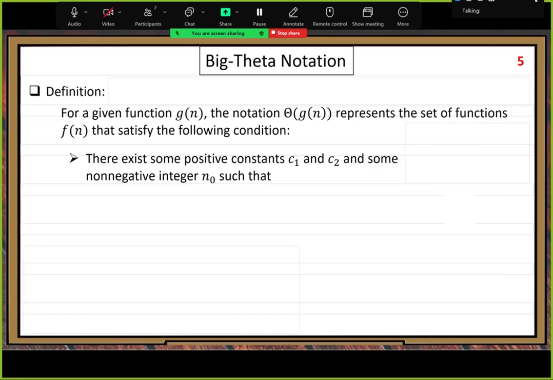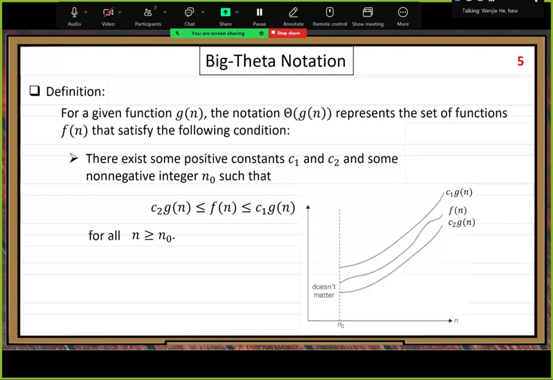But after you find an appropriate n0, you should fix it. Do not change it when the n value changes. So you get this inequality: c2 g of n less than or equal to f of n less than or equal to c1 g of n.